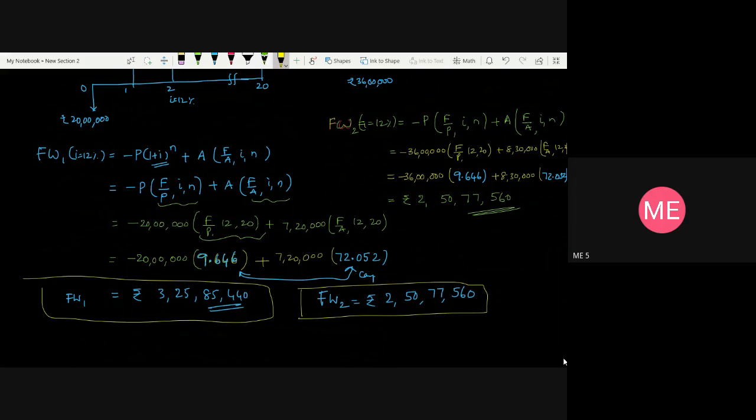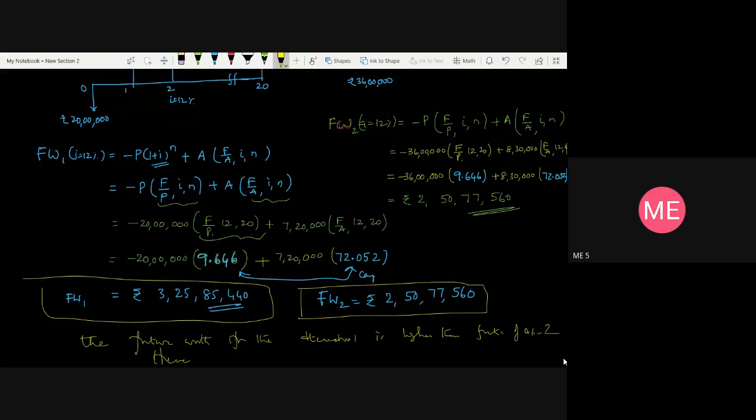Because it is revenue dominated, whichever gives the more future worth will be chosen as the best alternative. So the future worth of alternative 1 is higher than the future worth of alternative 2.